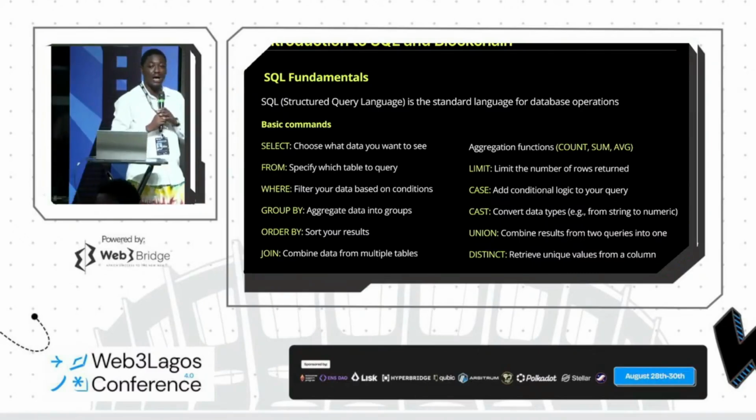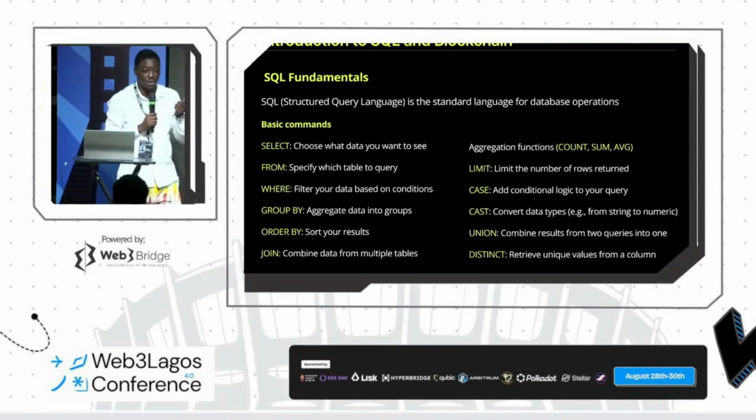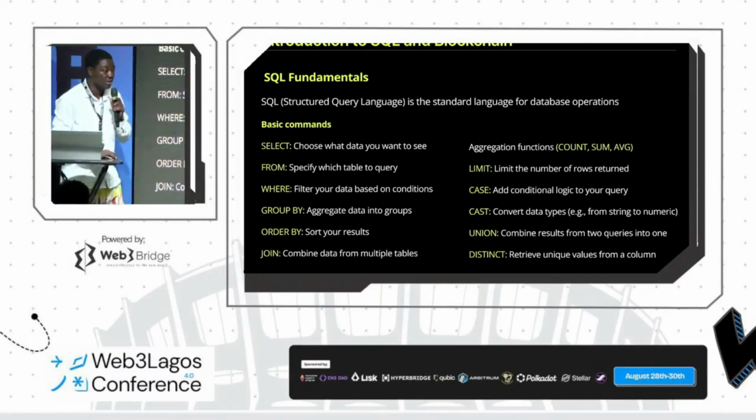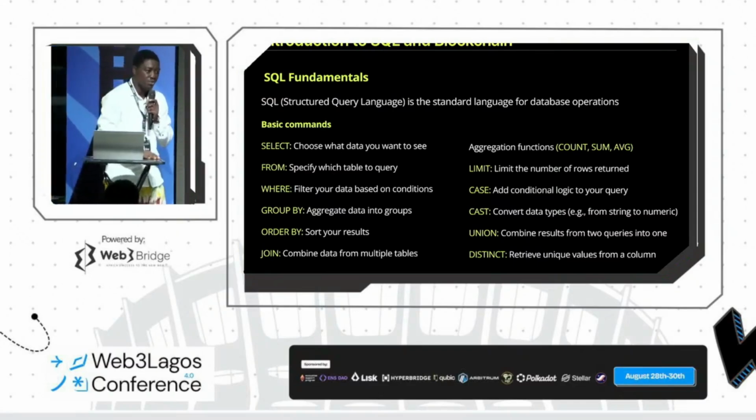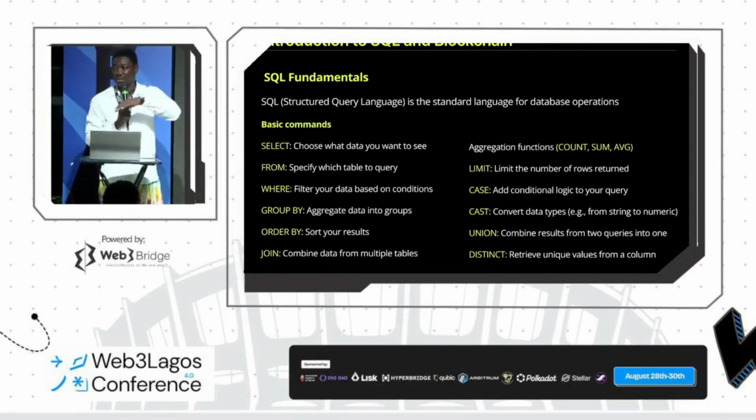In analytics, one of the tools we use in querying data is SQL, or "sequel" as some people call it. Let's say, for example, you have different folders that have different files with different names in them, and you want to bring out a particular piece of information.